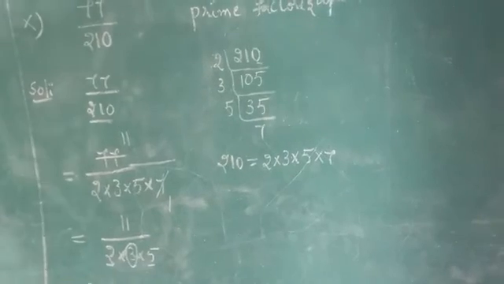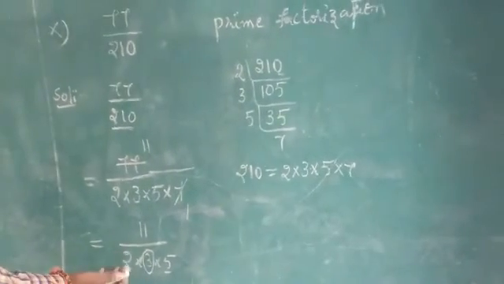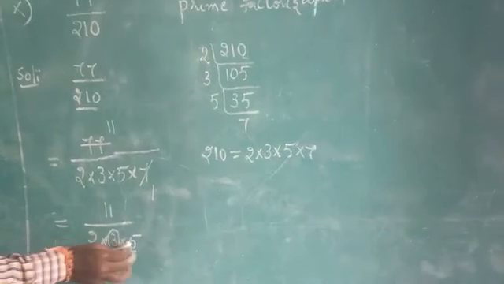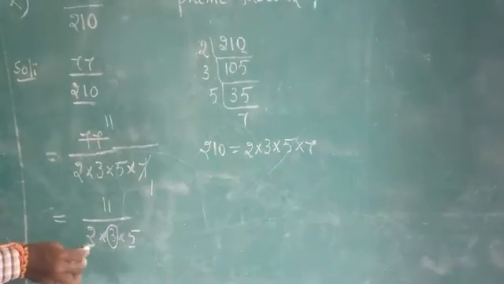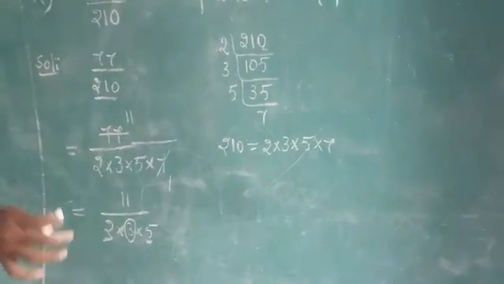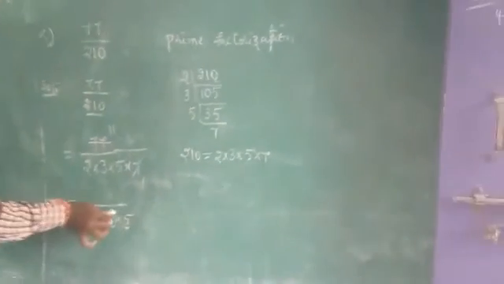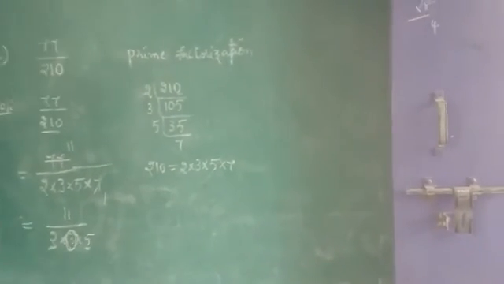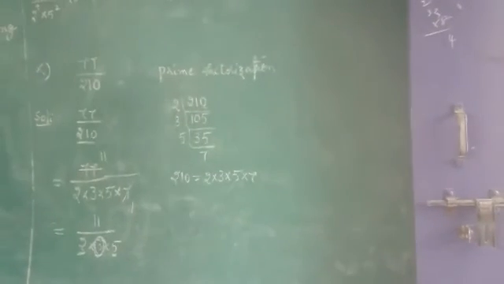In the denominator, if you have 3 or 7, you cannot say it terminates. Only 2 or 5, if you have only 2, or if you have only 5, it is possible to be terminating. But you have the 3 here, right? So we can tell that it is a non-terminating, recurring decimal.